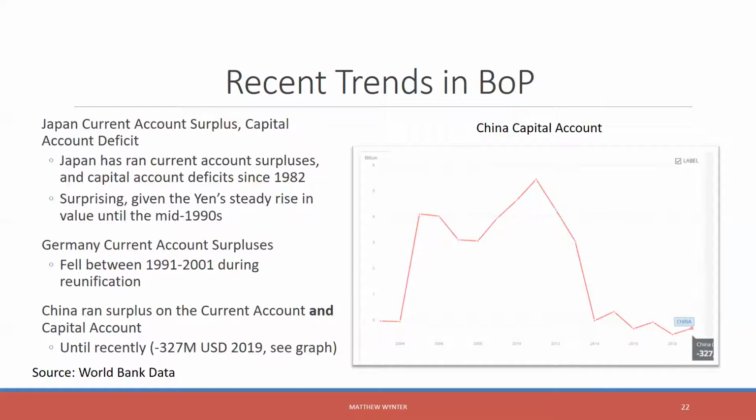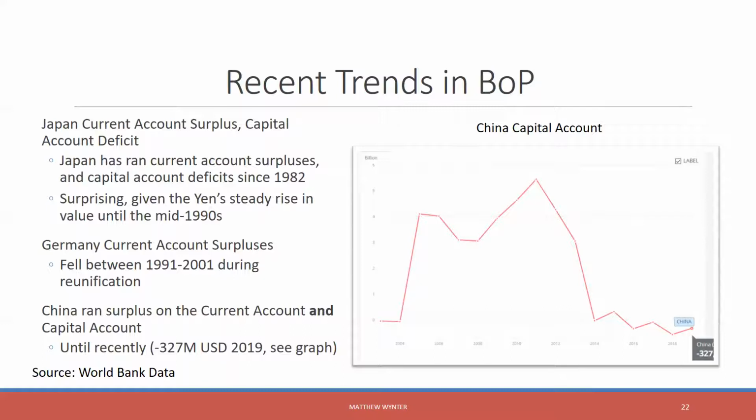Okay, Germany has also run current account surpluses. China, truly amazing, has run a surplus on the current account and the capital account until very recently. If you look at the graph to the right, you'll notice that in 2018 and 2019, China had capital account deficits.